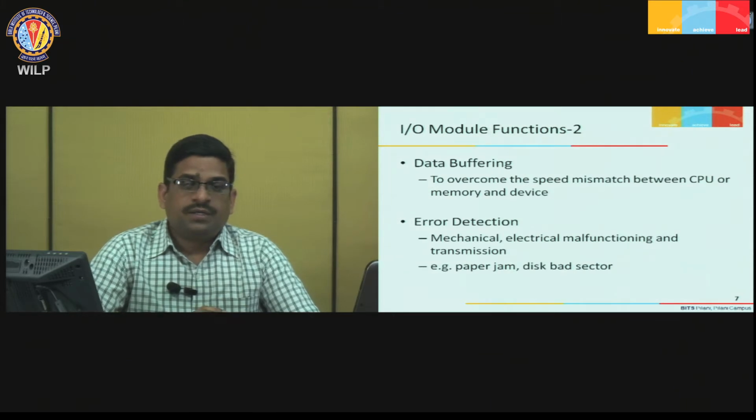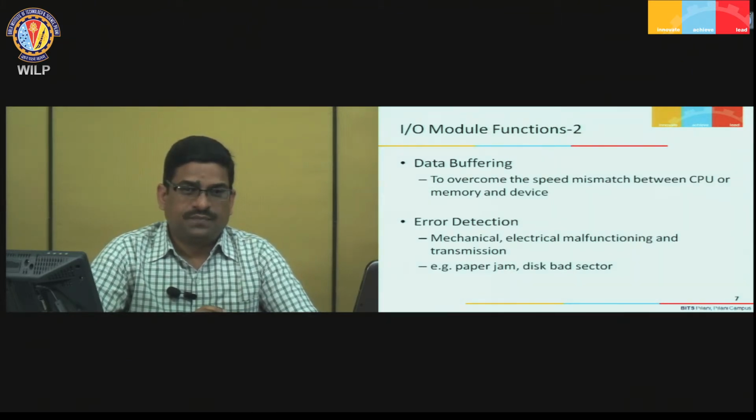Then, to overcome the speed mismatch, data buffering is also required. As I said, there is a speed mismatch between the devices and the processor, or you can say between the external world and the internal to the processor. So, to overcome this, we need a buffer. The buffer is also provided by this interface circuit or module.